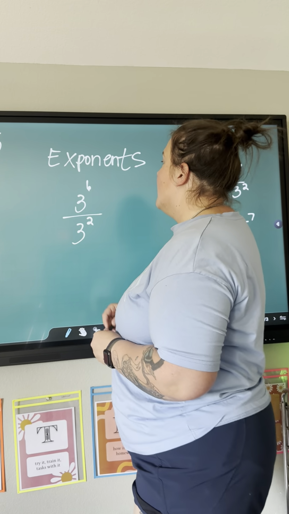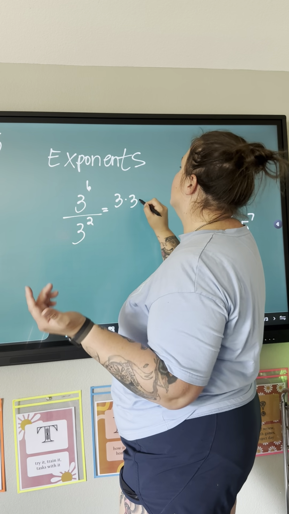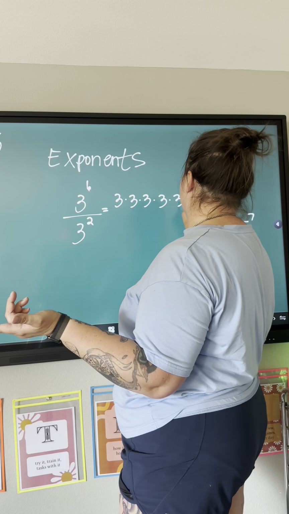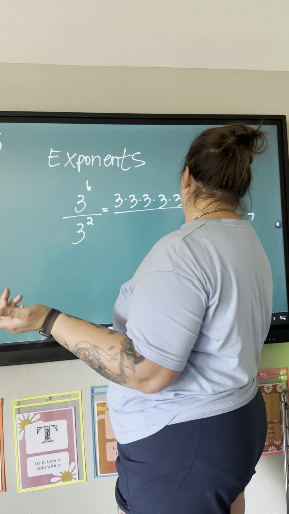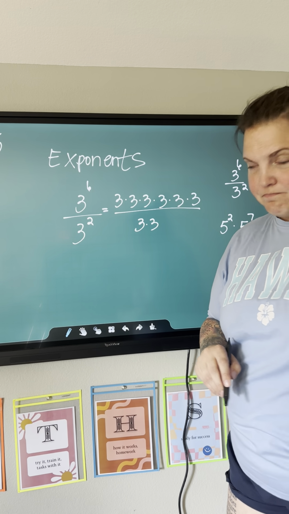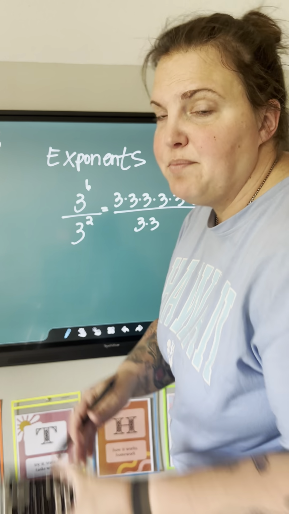Handy. All right, what is this? Well, 3 to the 6th is how many 3s? 6. 1, 2, 3, 4, 5, 6. Over 3 times 3, right? You could do this in your calculator, and I'm going to prove it to you.